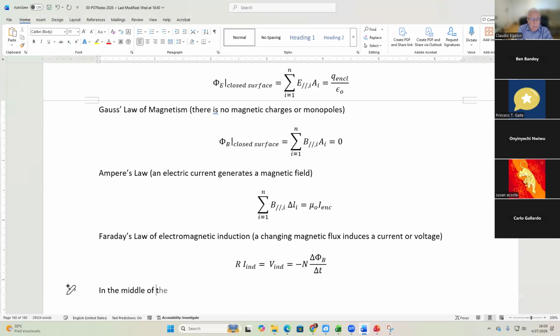In the middle of the 1800s, scientists were looking at these four equations, and they noticed that there was something missing in one of them.